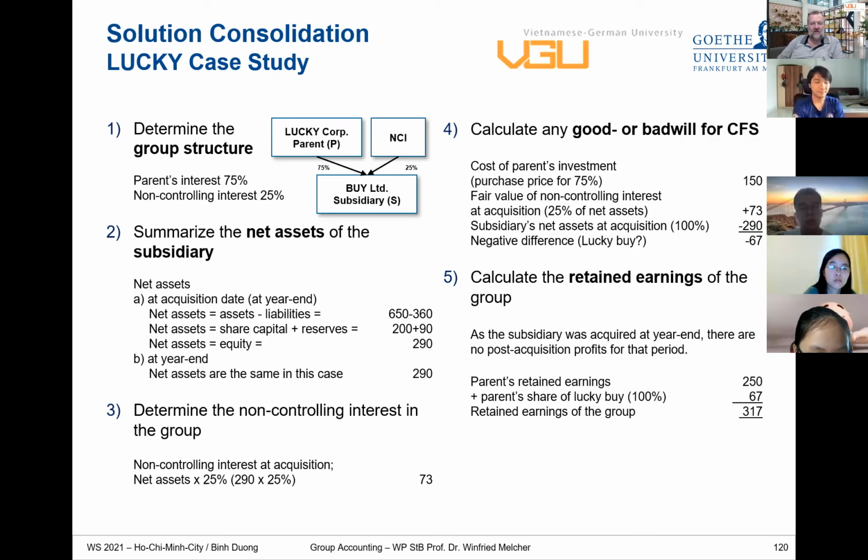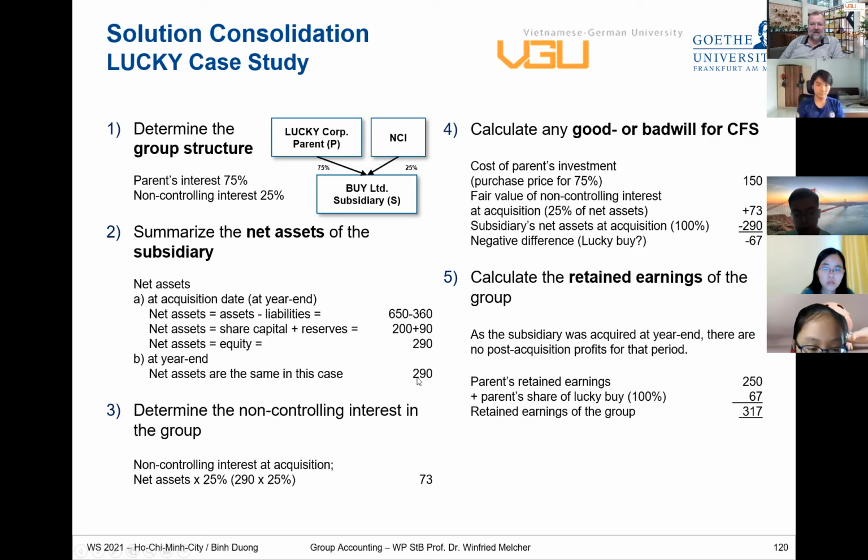There we have the net assets of 290. So assets including hidden reserves of 50, 650 minus all the liabilities valued at 360. So we have net assets of 290.